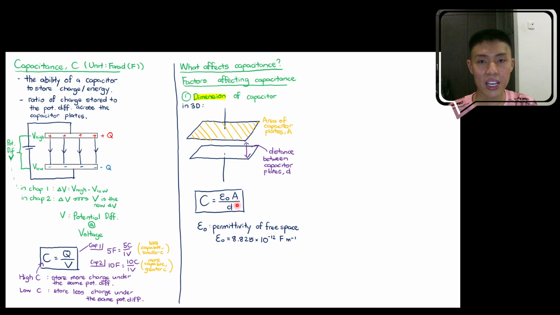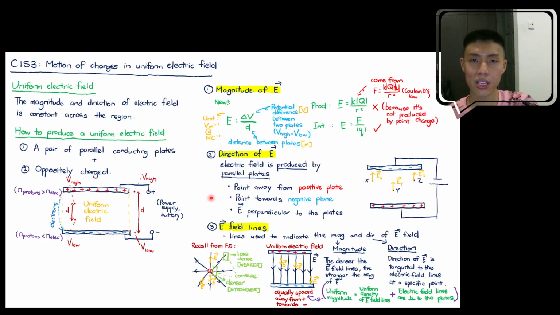On the other hand, D is the distance between the two plates. What it is saying is, if the distance gets larger, if I increase my D, my capacitance will be smaller. Why is it so? Remember, increasing the distance, weaker capacitance. It's because if you increase the distance, you will cause the electric field formed inside to be weaker.